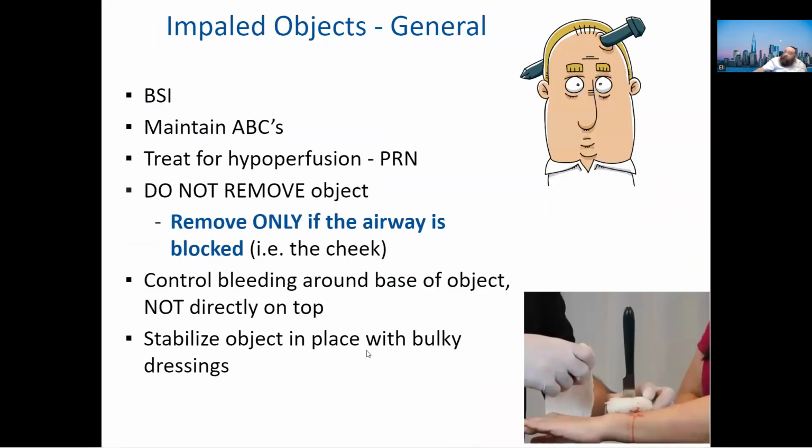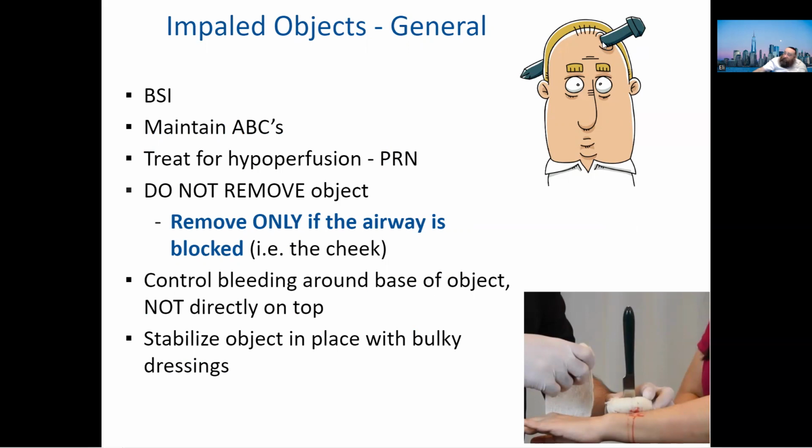So here you have some impaled objects. Remember, impaled objects fall under the penetrating injury, but they are still there. So if the object was inserted, removed, now we have a penetrating injury.